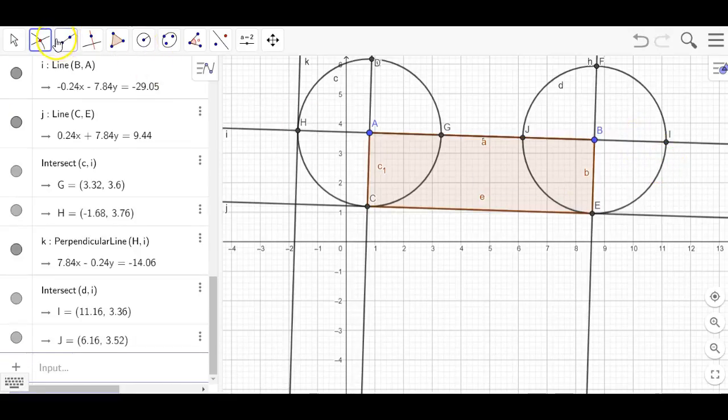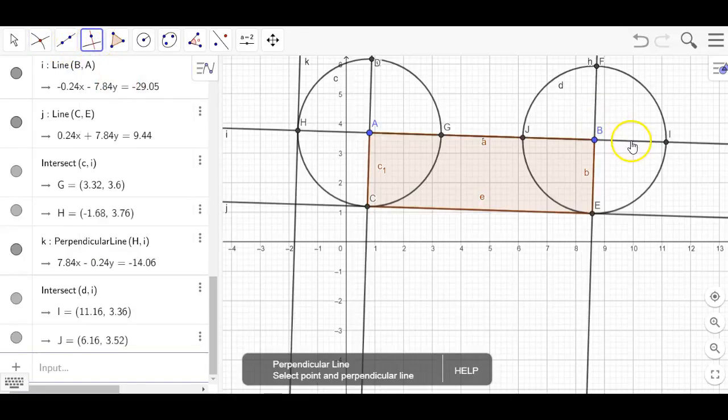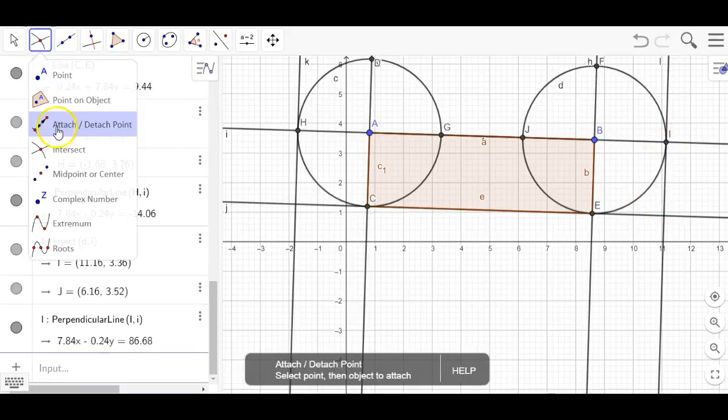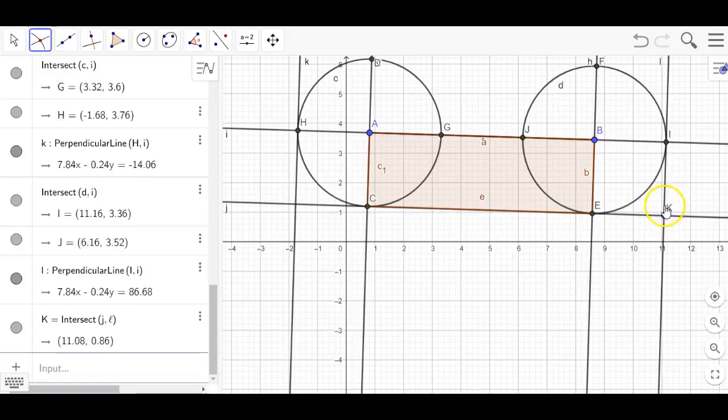There we go. And now I can put a perpendicular line that goes through there. Okay, and then where those points intersect, I got the intersection tool here. Okay, so here's a square and there's a square. These two squares are the same exact size, right? And this is a rectangle with two congruent squares on the end.